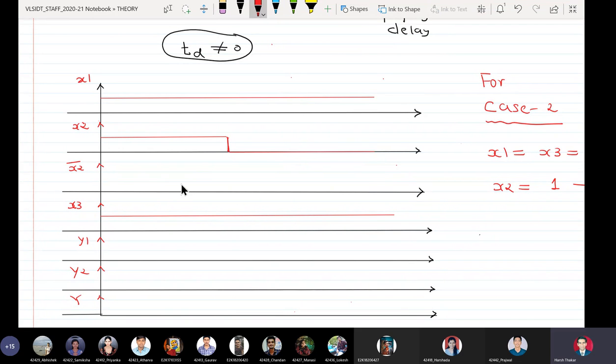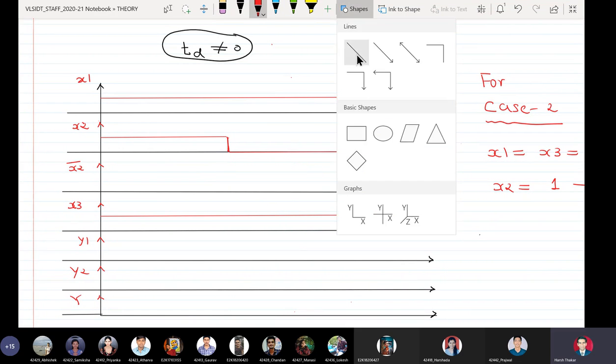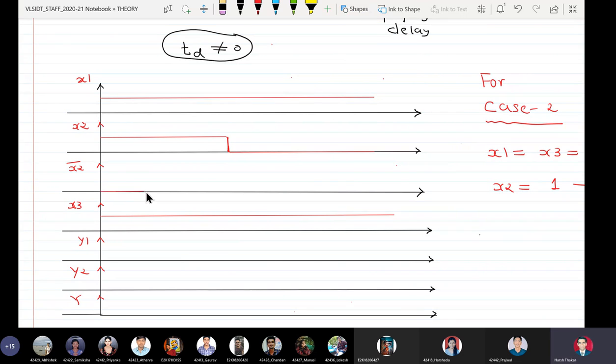So x2 bar will be opposite now. But here what I'm doing is that I'm assuming that the inverter is actually offering some non-zero propagation delay. So actually I was supposed to change x2 bar from 0 to 1 at this instant, but I'm extending it a little bit here.